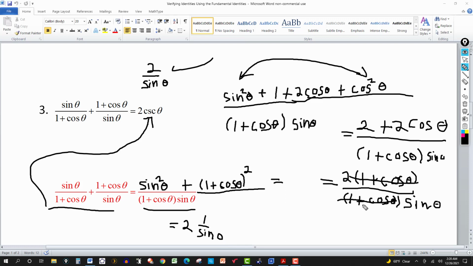So these divided out, so that leaves me 2 over sine theta, which is the same thing as 2 times 1 over sine of theta. But 1 over sine, that's from your reciprocal identities, is cosecant of theta. And that confirms the identity.